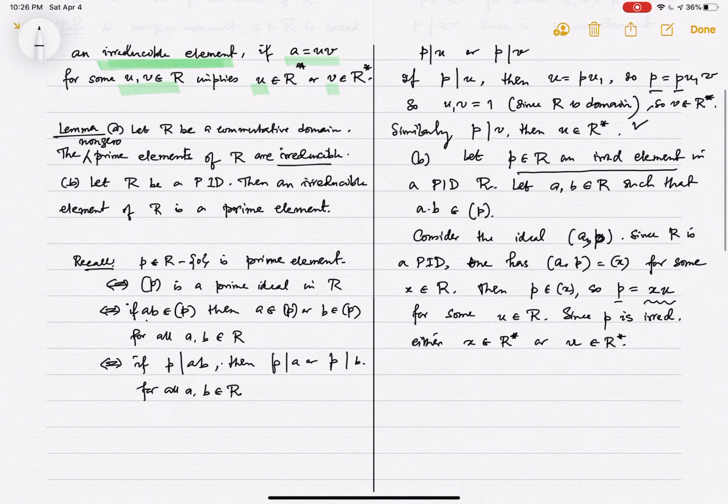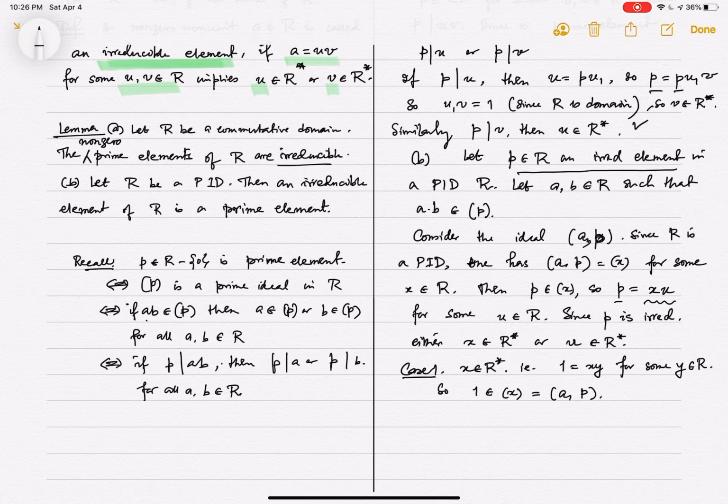Let's consider them separately. Case 1, X is in R star, i.e. 1 is equal to XY for some Y in R. So 1 is in the ideal generated by X, which is the ideal generated by A and P. After all, that's the definition.